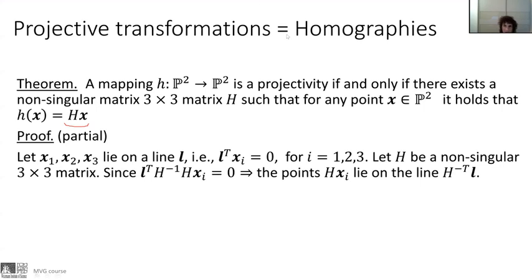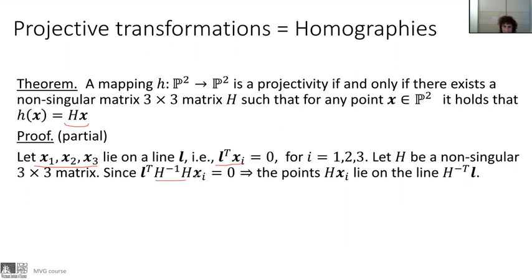So let's follow the definition, and let's take 3 points that lie on a line. If you remember from last lecture, if a point x lies on a line l, then the dot product between the representation of the line and the point is equal to 0. So if H is a non-singular matrix, then we can insert H inverse times H, which is identity.